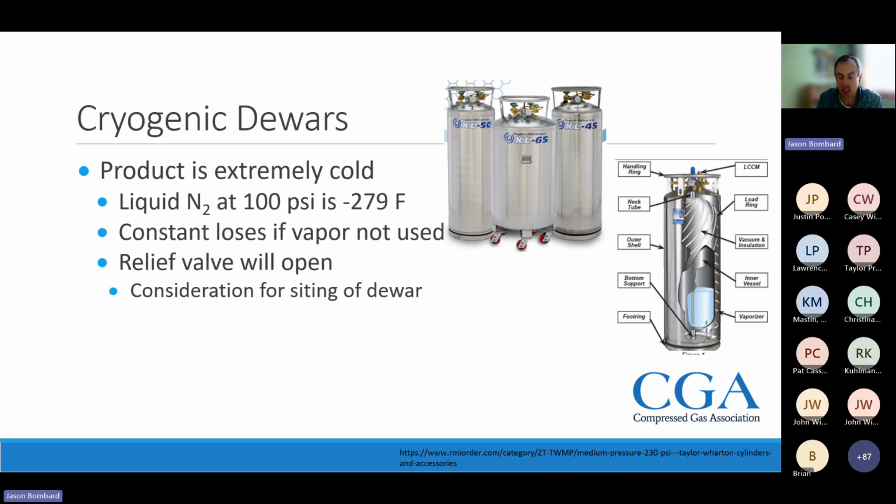So you always need to take that into consideration when you're looking at where to locate one of these. For instance, if you put it in a small enclosed area in nitrogen service and that valve opens, you run the risk of depleting all the oxygen in that area, which would be certainly a hazard for anybody that was to go in there.